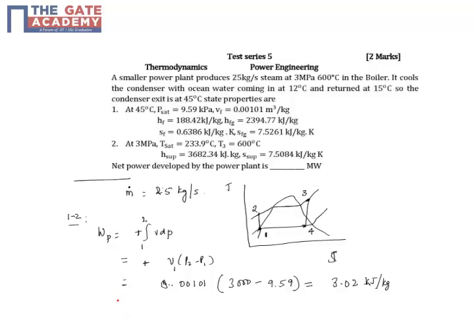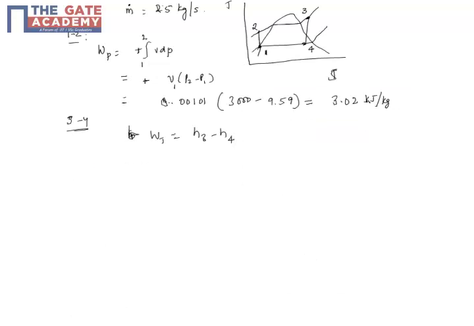Now we are interested in process 3 to 4, so that we get the turbine work, and the turbine work minus the pump work is the net power delivered. H3 is already given. The turbine work in an open system is the difference of enthalpy, H3 minus H4.